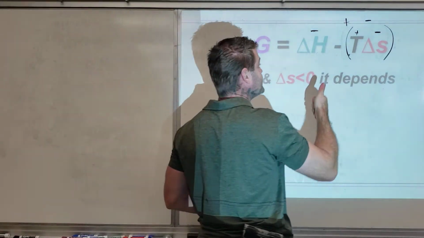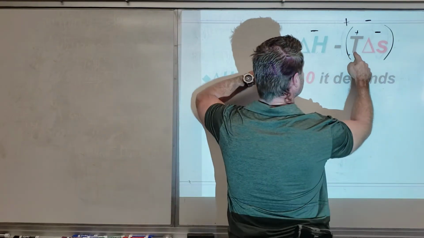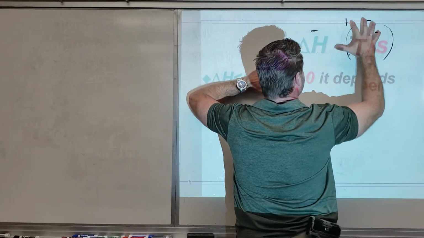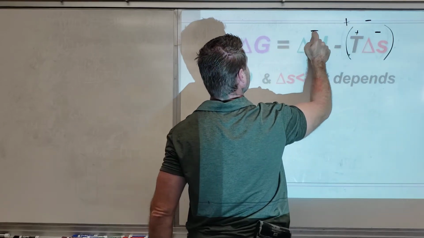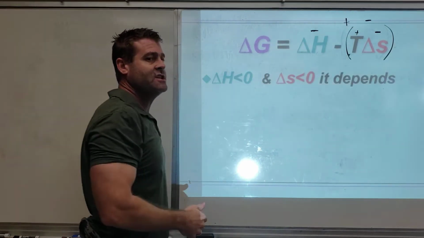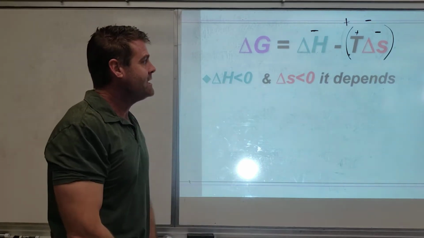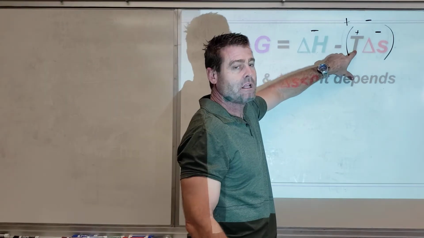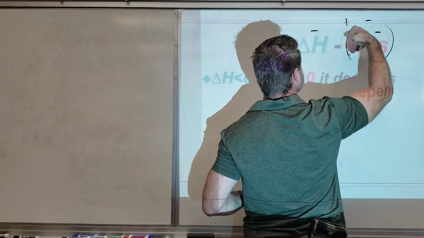When the temperature is high, that increases the value of this factor. So at high temperatures, this positive value will be greater than this negative value, and delta G will be a positive value. But what happens if the temperature is low? Then this will be a positive value, but a small positive value.